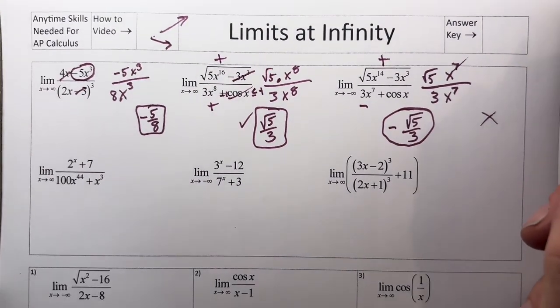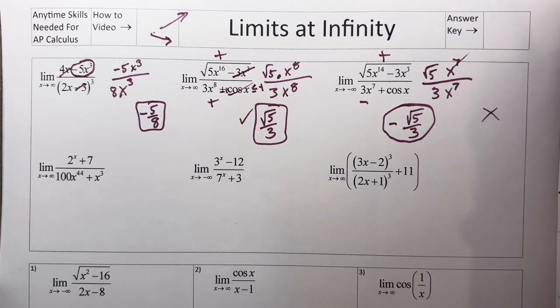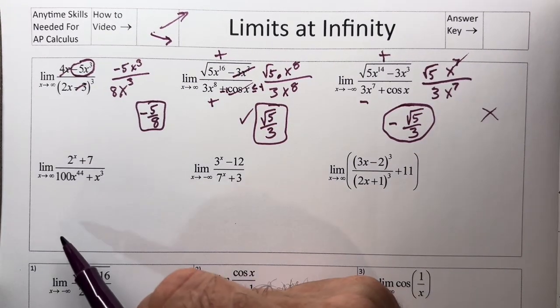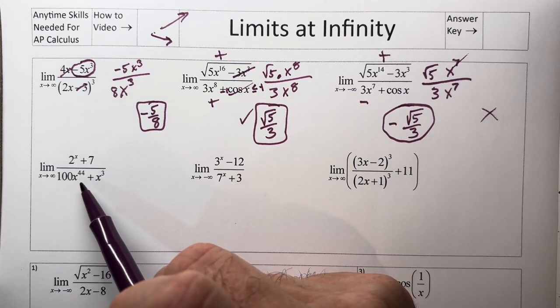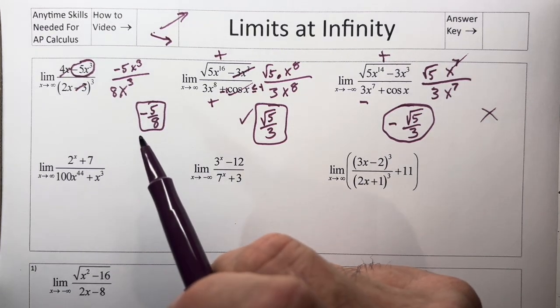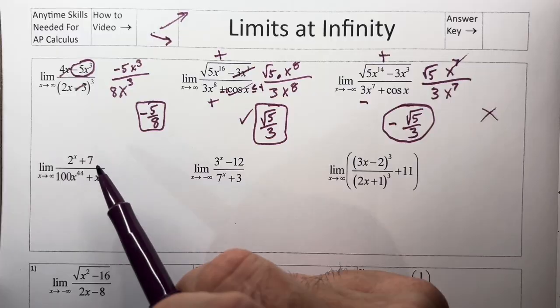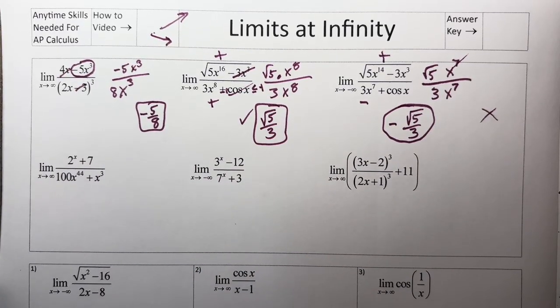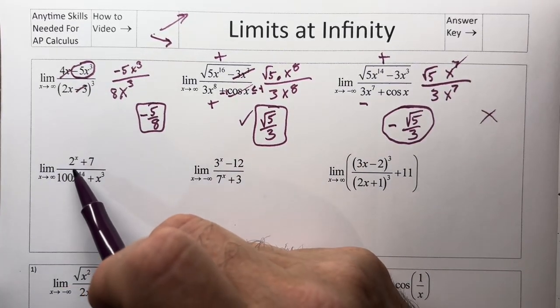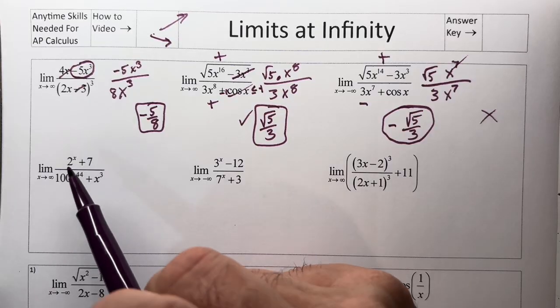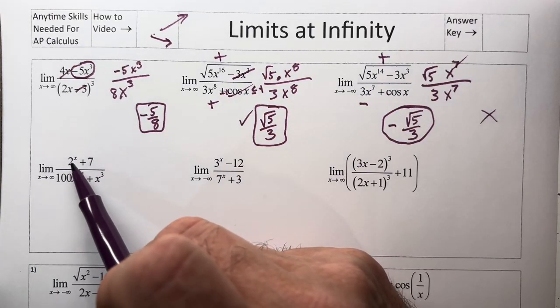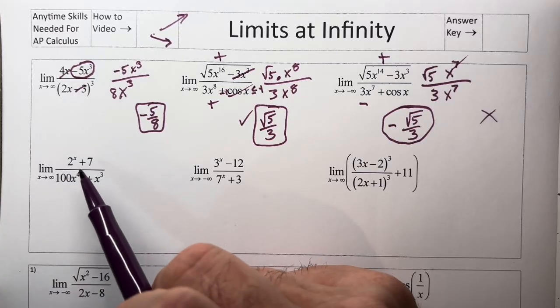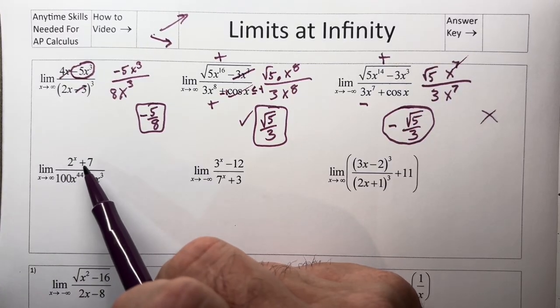All right, so we are talking about significant terms, and the question is, if the top dominates, then we're going out to infinity, or maybe negative infinity. If the bottom dominates, then we're going to 0. And the rule here is 2 to the x is an exponential function. As long as the base is bigger than 1, I could have had 1.01 to the x, the top will dominate eventually, right?